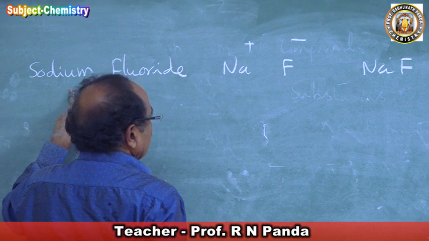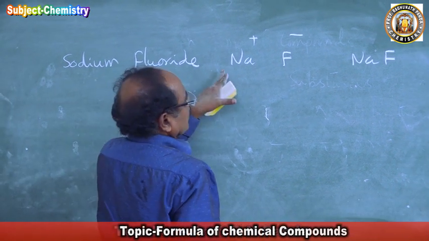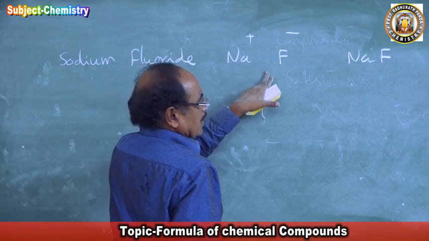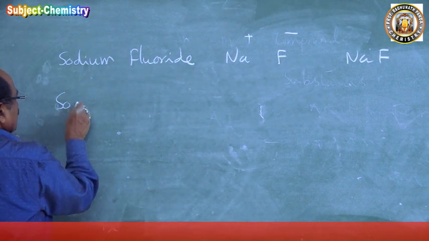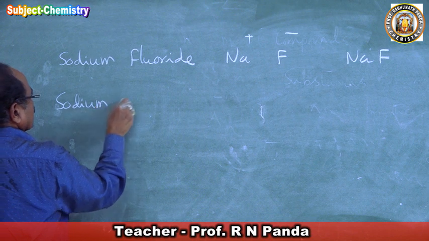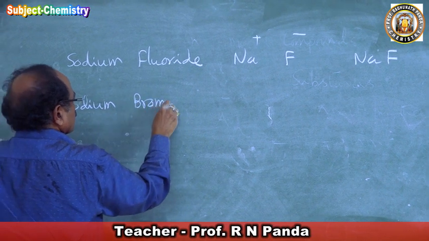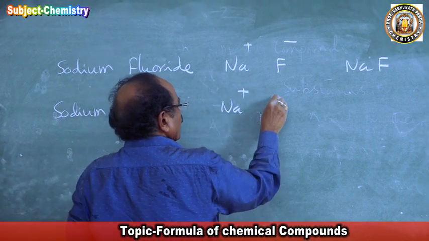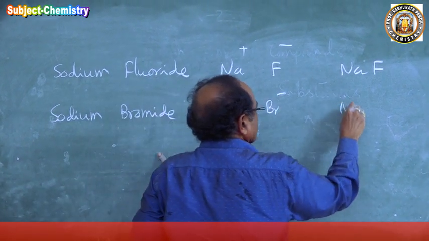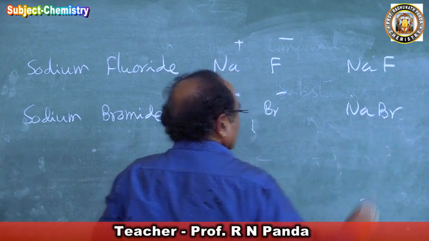We are writing the name of the compound, and then you write the basic radical and acid radical, then we are crisscrossing them. Then suppose we take sodium bromide, Na plus, bromide Br minus, so this will be NaBr.